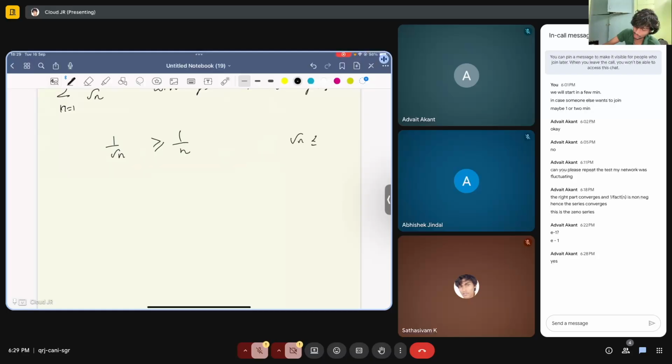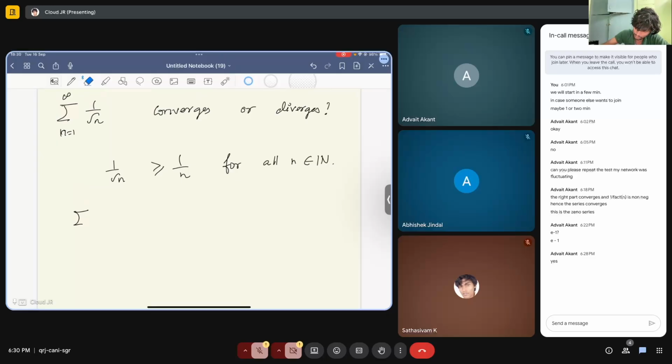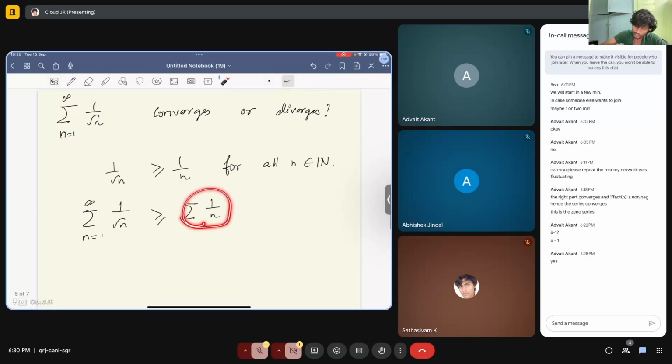Because root n is less than or equal to n, and hence when you take the reciprocal, the sign will change. This is true for all n. Now you can take the sum. If you take the sum of 1 by root n, this will be greater than the sum of 1 by n. And we know that this series diverges, right?